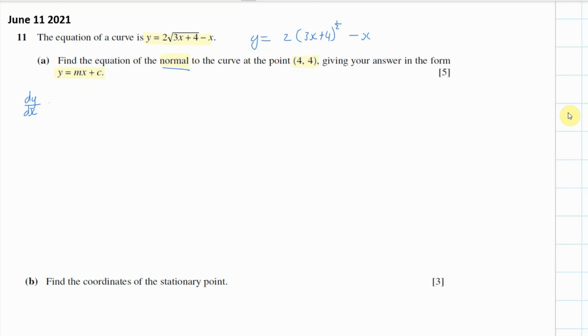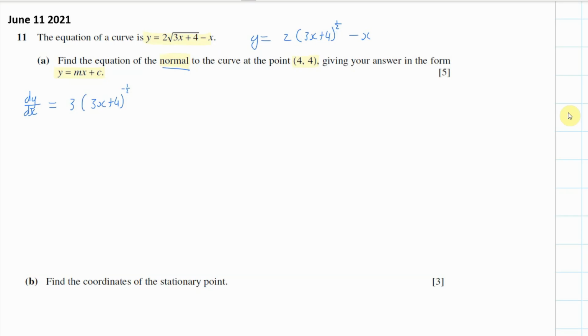So it will be equal to, now I take the 1/2, I multiply it by the 2 and by the 3, so it ends up being 3 in front of the 3x plus 4, and I drop down the power to minus 1/2. So just to clarify, I take this half, I times it by this 3 and the 2 that we've already got in front of us there. So that will give me overall 3 at the front, and then I drop down the power of the bracket.